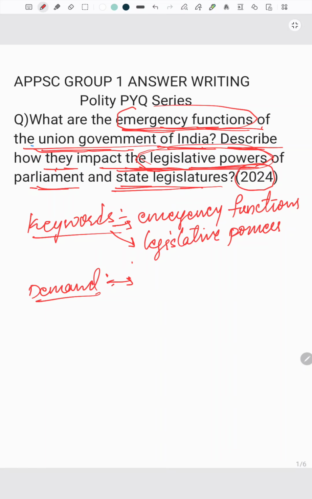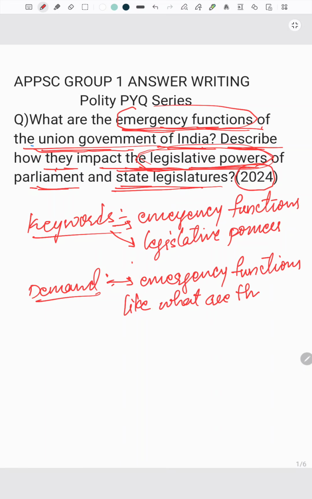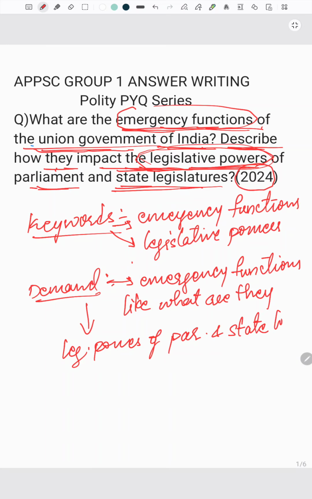So the demand should be addressed by stating the emergency functions, like what are they. Next, the legislative powers of Parliament and state legislature, and how these two legislative powers are getting impacted.